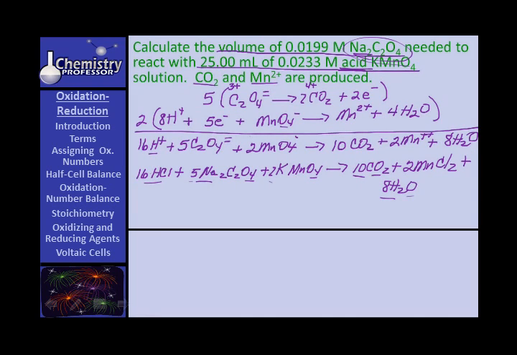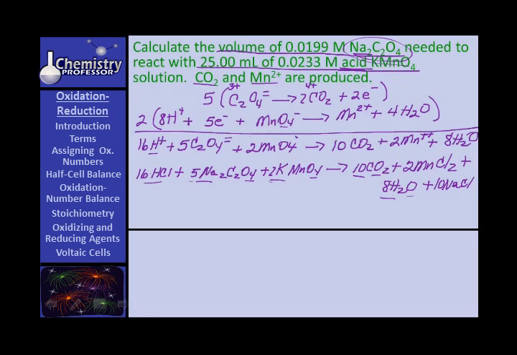What am I going to do about my sodiums? Well, how about some sodium chloride? How much sodium chloride do we need? Well, I guess we need 10 of them. About 10 sodium chlorides. Okay, so now sodium is balanced. We've got 10 carbons and 10 carbons. Oxygen's already balanced. And we have 2 potassiums over here.